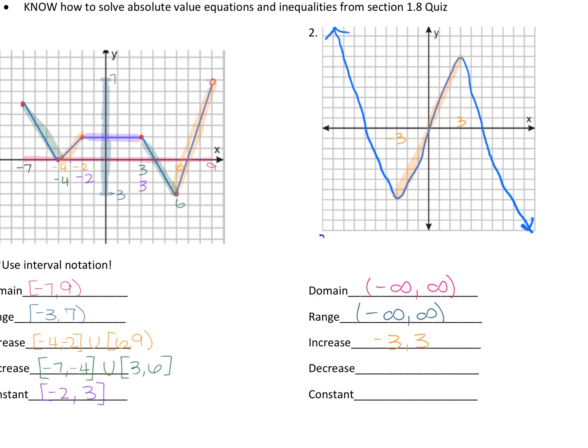Now there's no ordered pairs there, so it's assumed that they are included, so that we get brackets on those. For your decrease, it's where the line goes down from left to right. So that's going from the negative infinity x value up to that -3. So from negative infinity to -3.